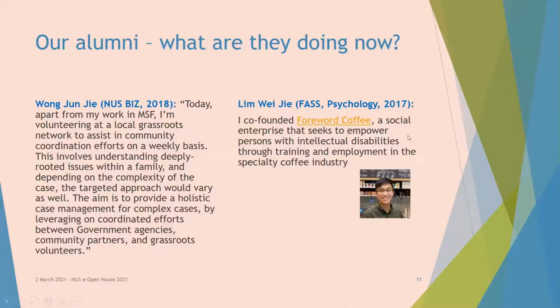Not only did he co-establish this social enterprise, all the people who work in his coffee place are people with needs, and he trains them and mentors them and helps them to build confidence in being full-time coffee baristas and servers and so forth, right? So this is what people who have walked through the journey with us at Chua Tian Po Center within NUS have done after graduation.